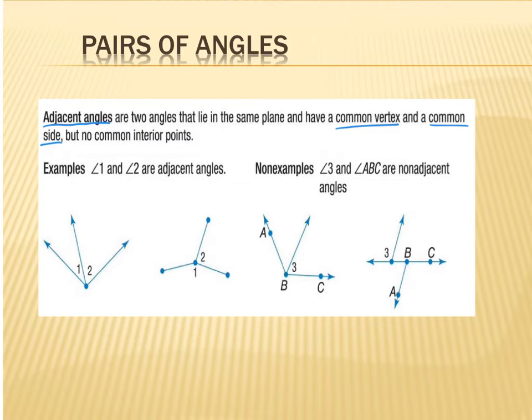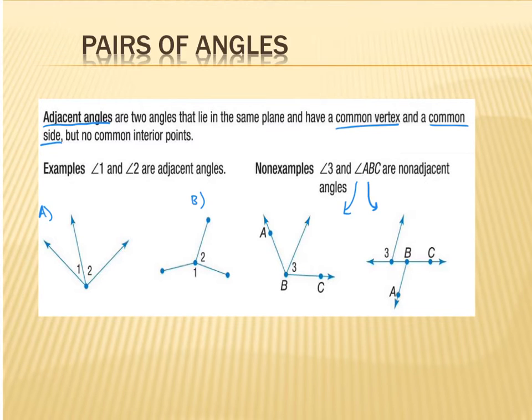So in this first example, I'm going to call it example A, angle 1 and angle 2 are adjacent, as it says up here in the top. Angle 2 and angle 3, or angle 1 and angle 2 are adjacent in picture letter B.